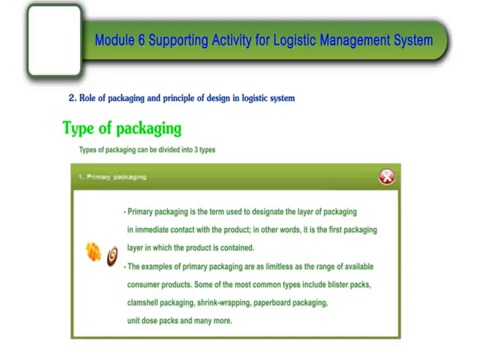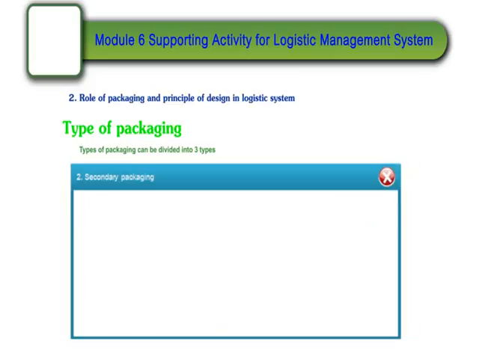The examples of primary packaging are as limitless as the range of available consumer products. Some of the most common types include blister packs, clamshell packaging, shrink wrapping, paperboard packaging, unit dose packs, and many more.